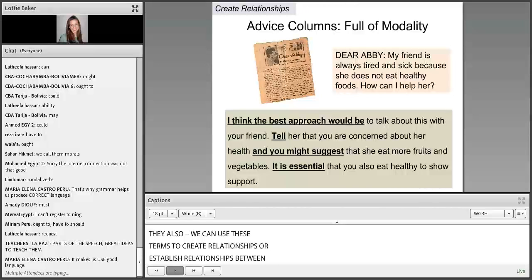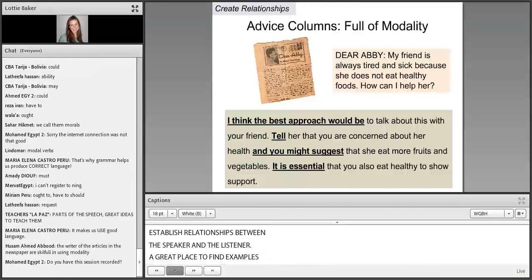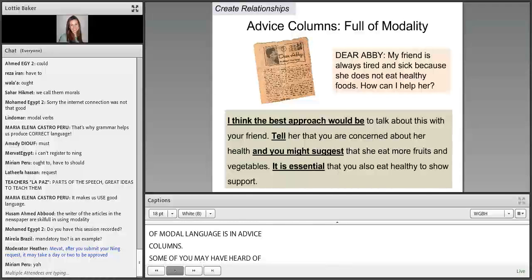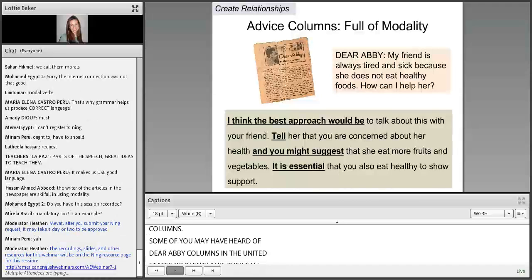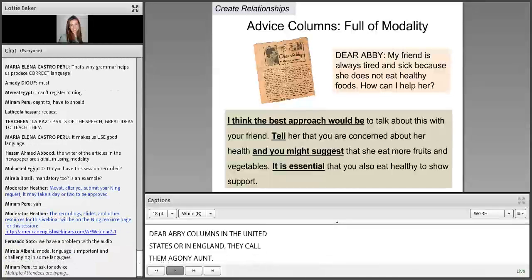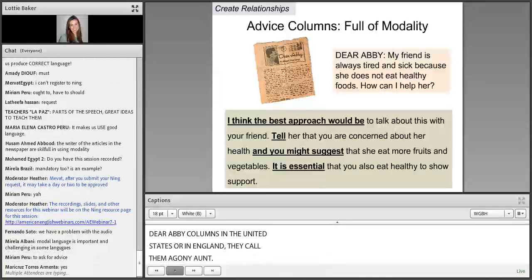A great place to find examples of modal language is in advice columns. Some of you may have heard of Dear Abby columns in the United States, or in England, they call these agony aunts. Can you raise your hand if you have advice columns in newspapers where you live?